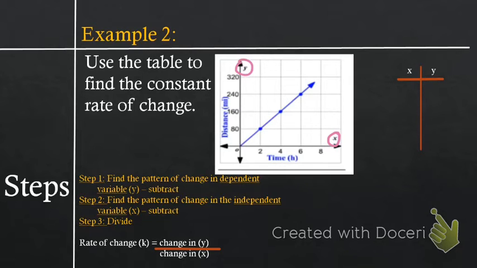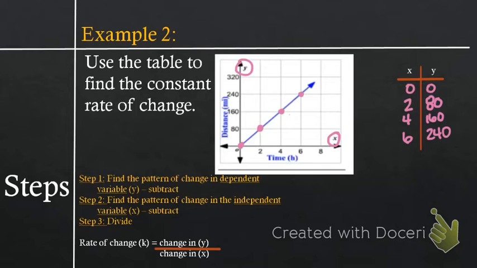Our first point is at 0, 0, because it crosses through the origin. Our next point here is 2, 80. Then our next one is 4, 160. And then our last one we have is 6, 240.